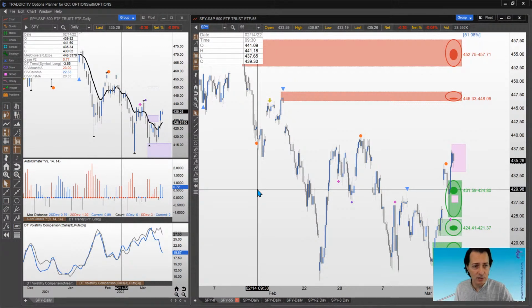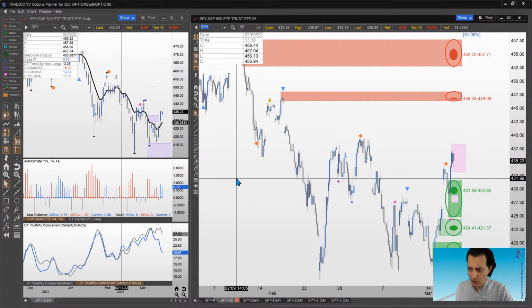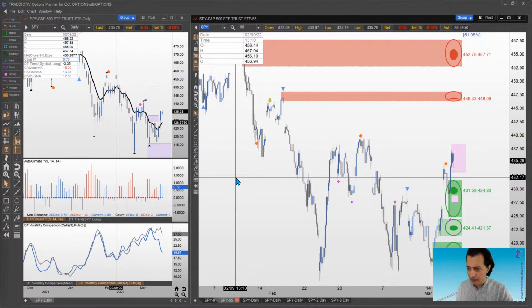If you have directional positions in your account, you need to be hedged in some form, not fully hedged, but at least have a little bit of hedging spice, if you wish, in your account, in case the market was to move aggressively in the opposite direction from what you wish. Okay, so keep that in mind.